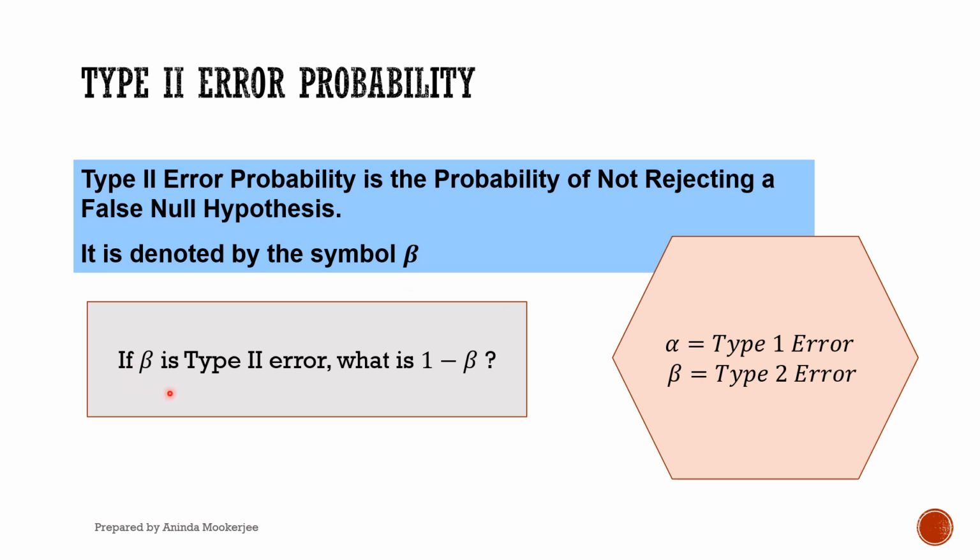And if beta is type 2 error, what is 1 minus beta? Some would think intuitively that 1 minus beta would be alpha. That is not correct. Keep in mind 1 minus beta is something else. It's called the power. Okay, so in the next slide, we will talk about that.